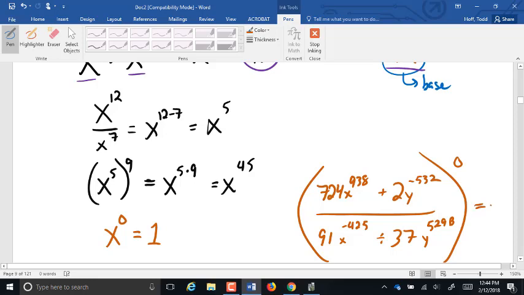What's that equal? 1, because all the power is 0, yes. So be aware of that.